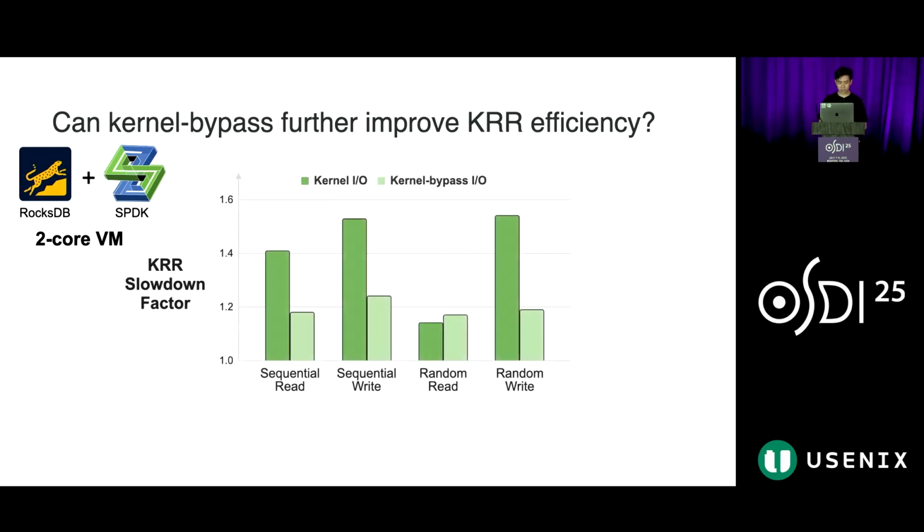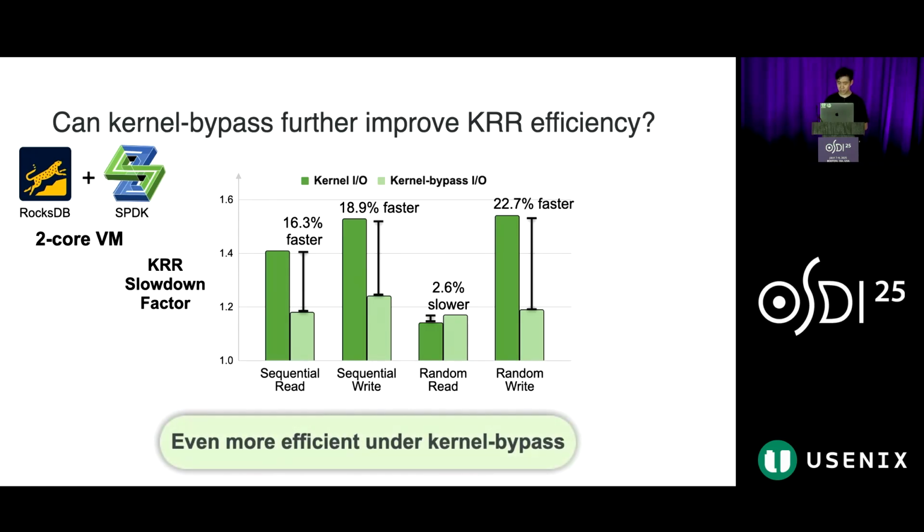And here is the KRR slowdown factor across 4 typical workloads. From the results, we can see that for most of the cases, KRR with kernel bypass could be more than 15% faster than KRR with kernel I/O, which indicates that KRR could be even more efficient under kernel bypass workloads.